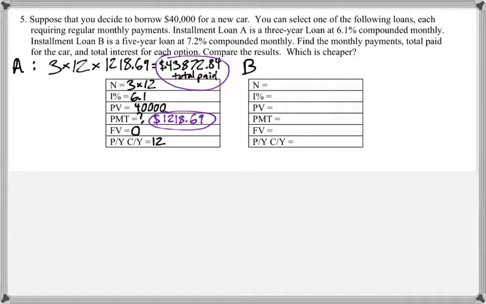Now to find the total interest, we need to take the total paid and subtract the amount of the loan, or the present value.